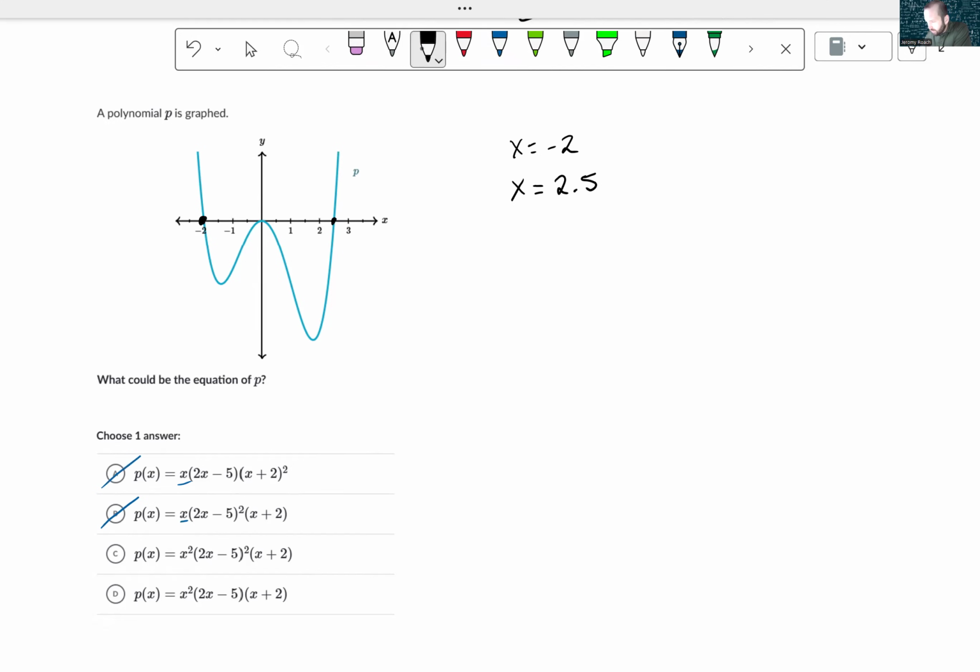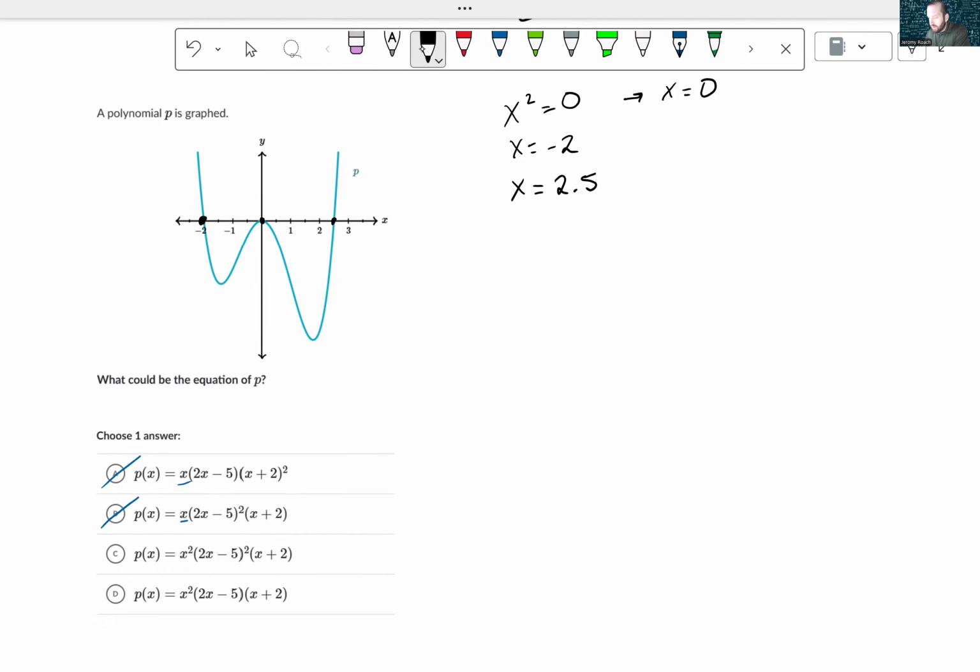So we've got the x squared is 0 part down. Now, x does still equal 0, so it still crosses there, but it bounces off because it's a squared term. That's just one of our rules, and this is called multiplicity of polynomials.